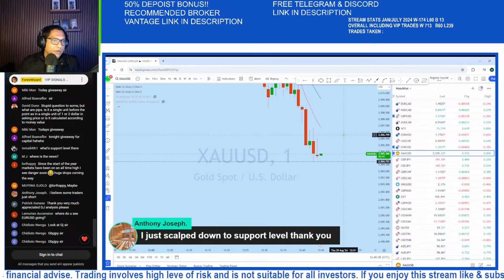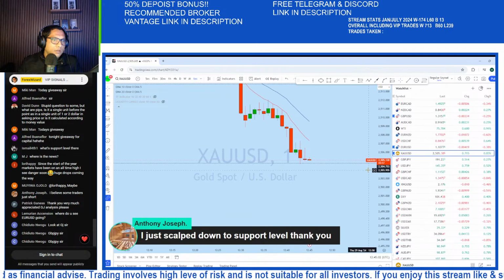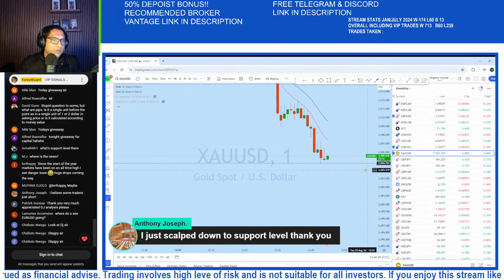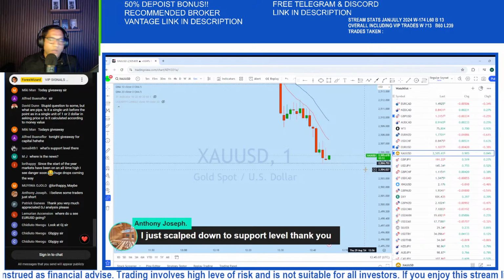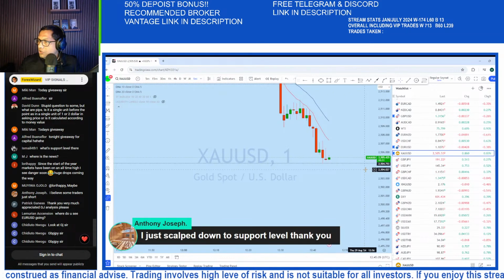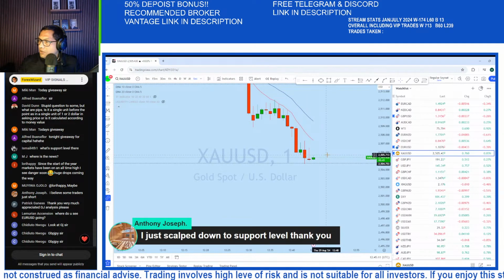It's very strongly bearish. So here we want to see potential liquidity candle formation.